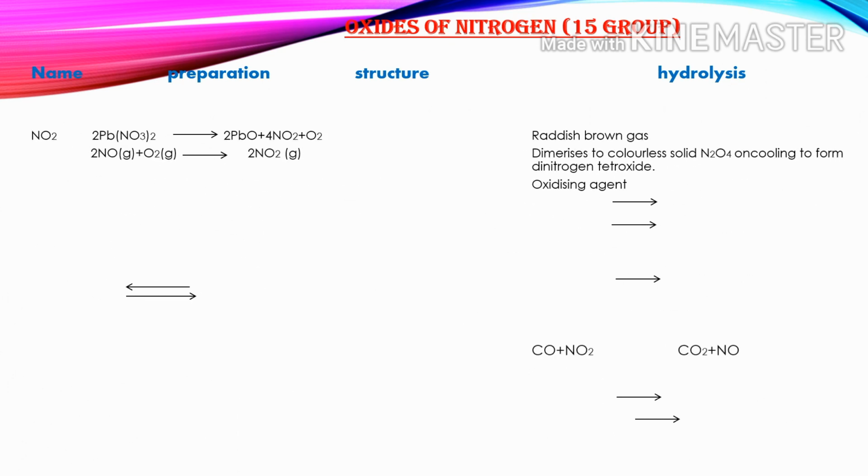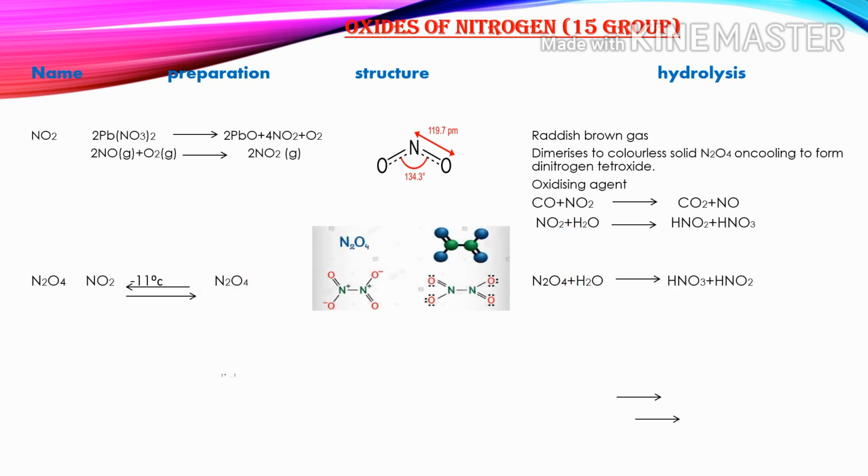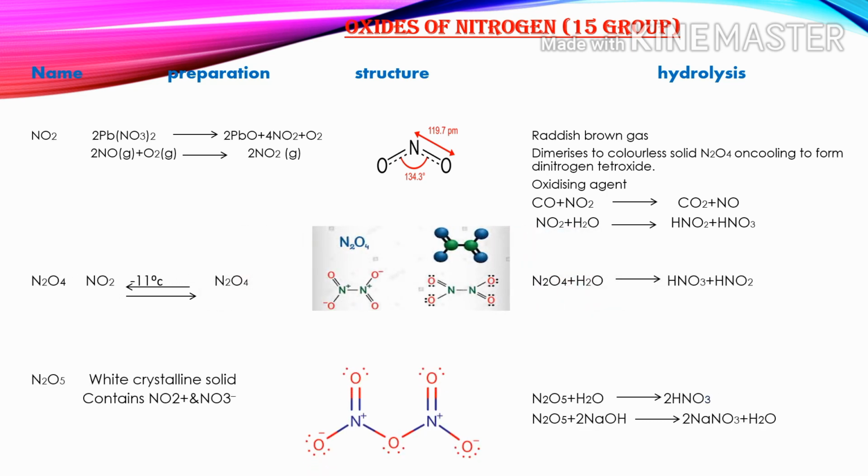Nitrogen dioxide, formula is NO2. Preparation: when lead nitrate is heated, it gives nitrogen dioxide. The second preparation is nitric oxide oxidized with oxygen, which gives nitrogen dioxide.